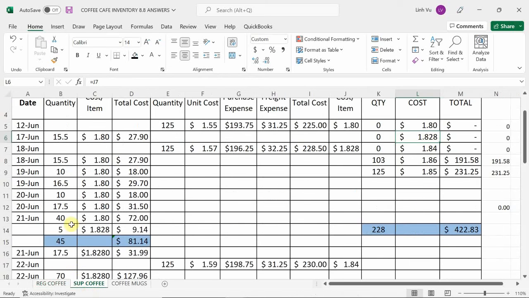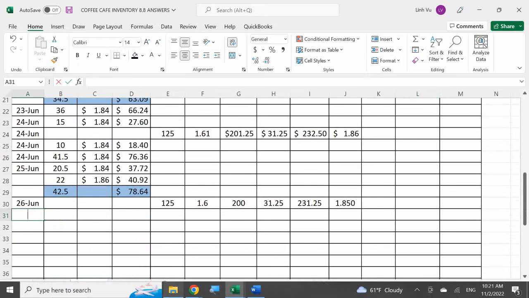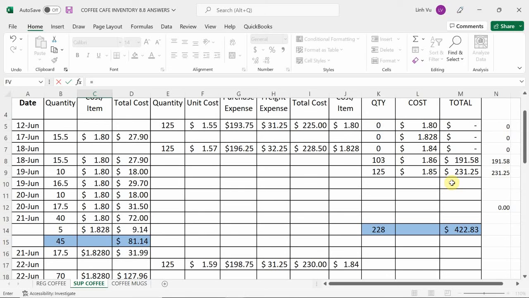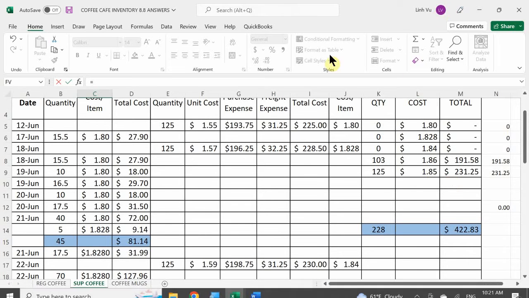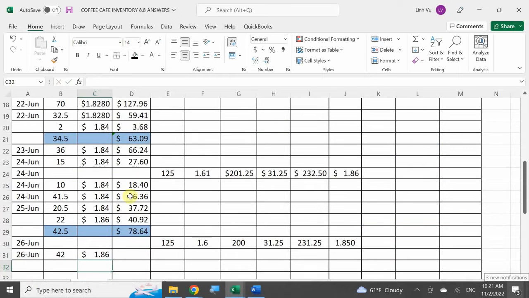Then we're going to go to my Supreme coffee. I used 42 pounds. Okay, let's see at which batch of inventory. The 103 at $1.86 each.